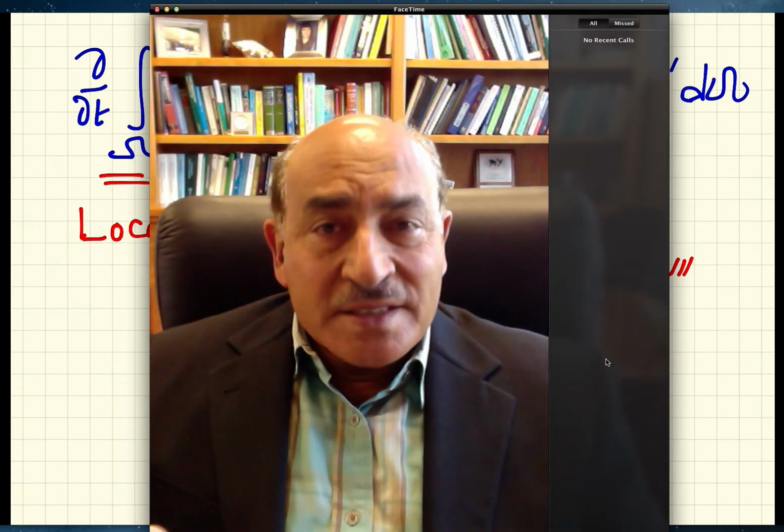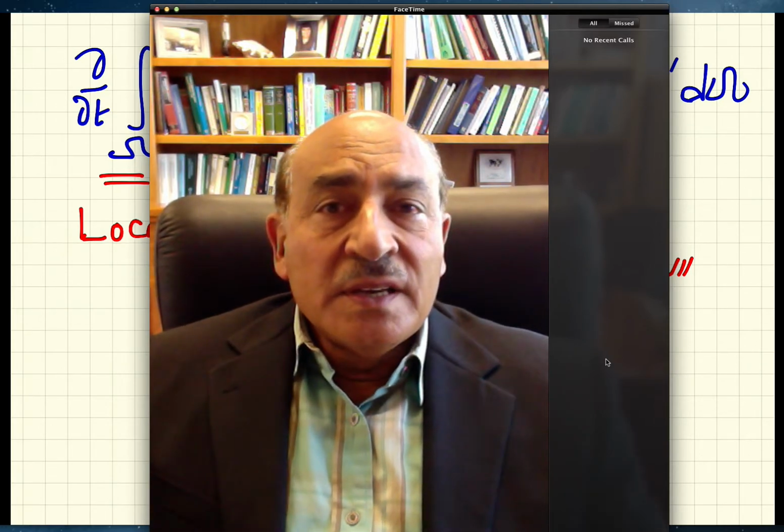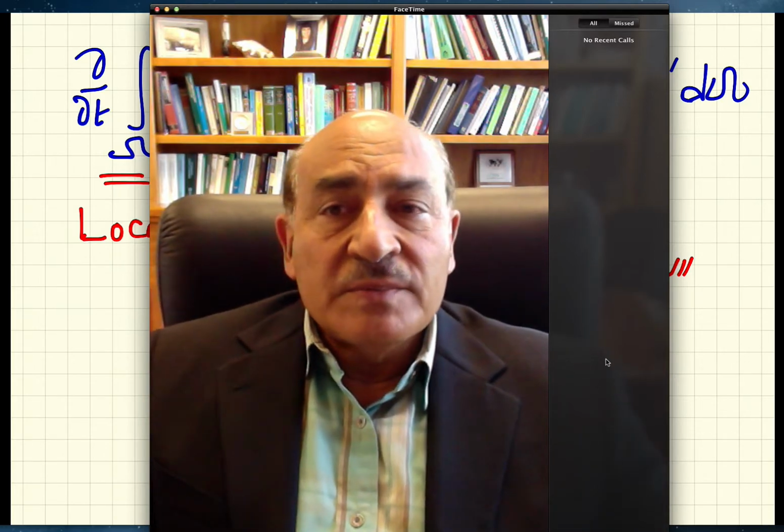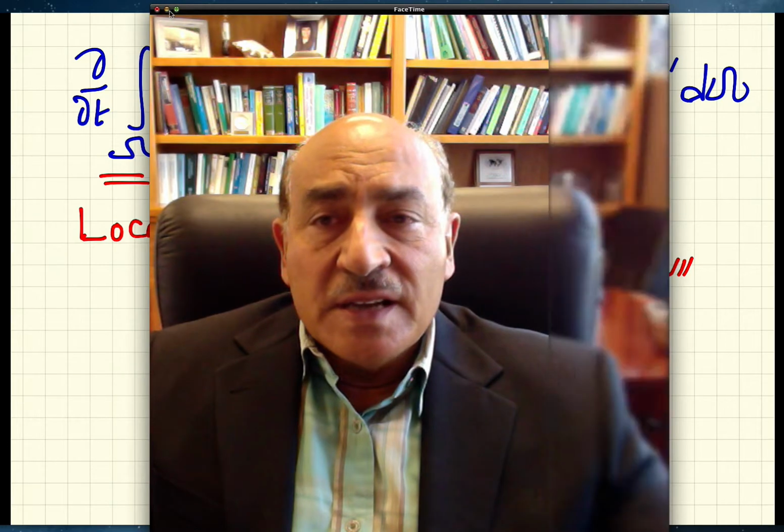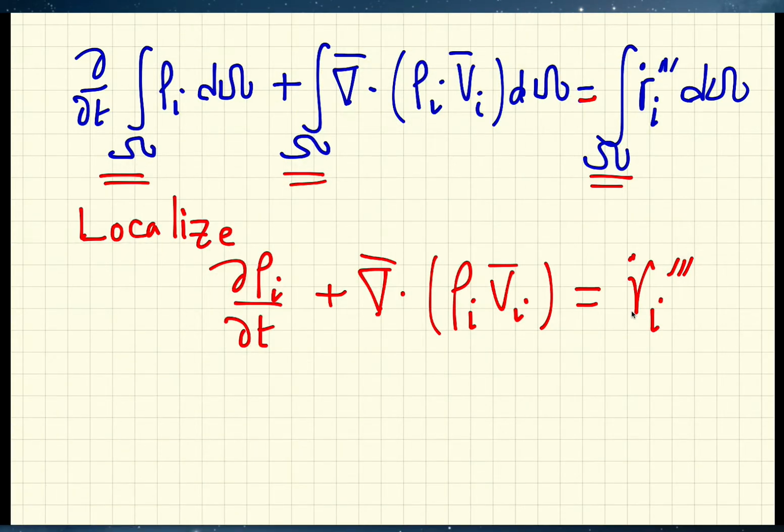So the fluxes will be relative in the sense that they're moving with the stream. So let's introduce this average velocity here, and then we use it in the equation.